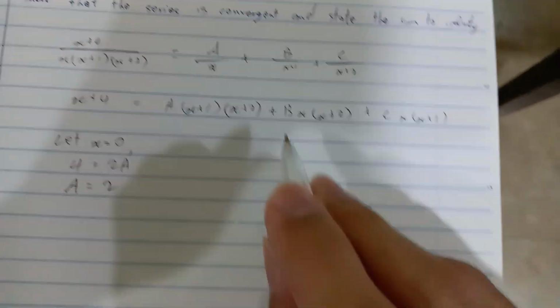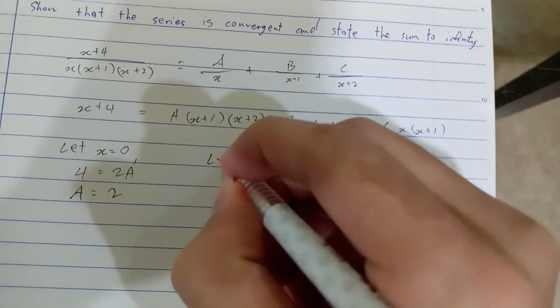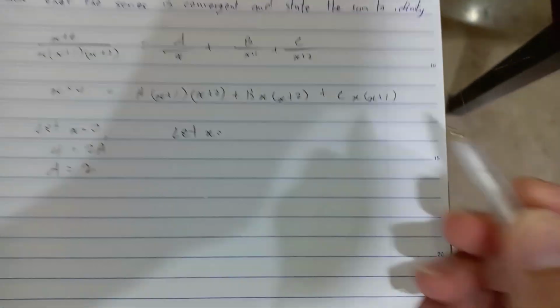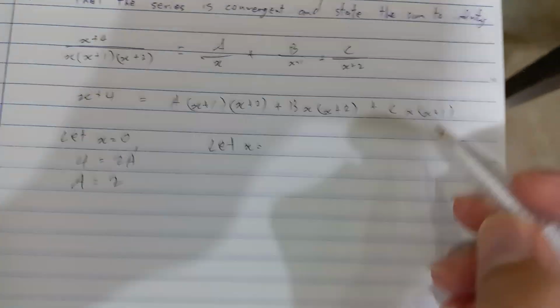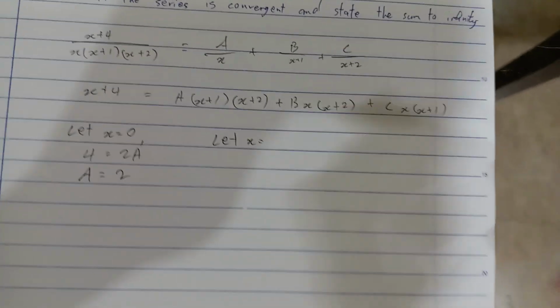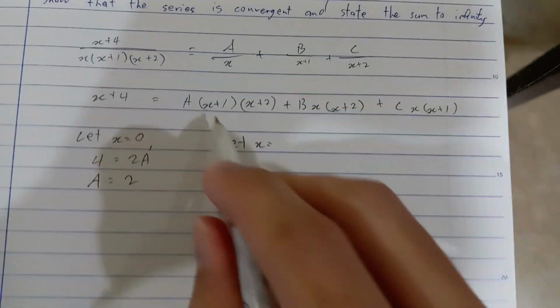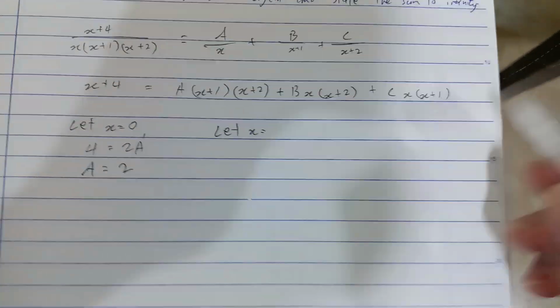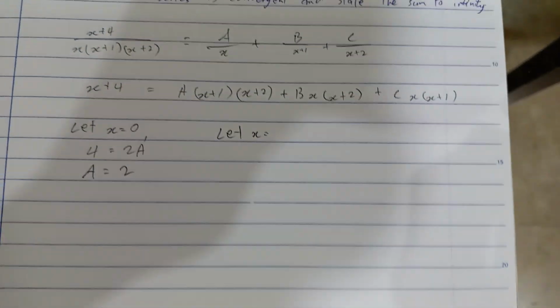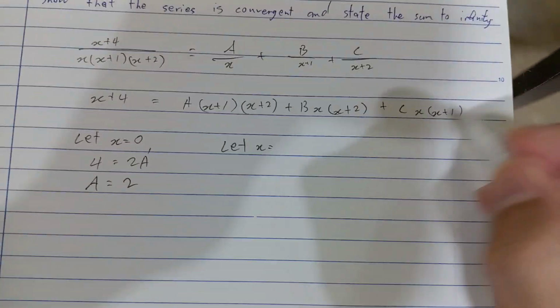Now, you want to find B. How can you cancel out A and C? You let x equal to -1, right? Because -1 plus 1 equals 0, so you cancel out these two.